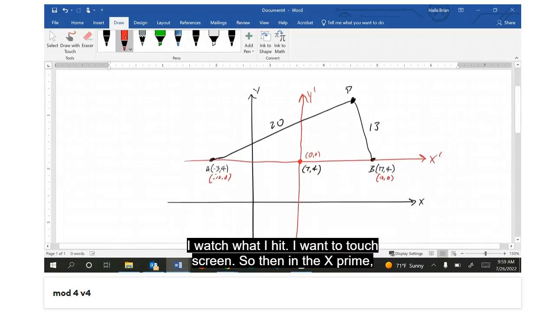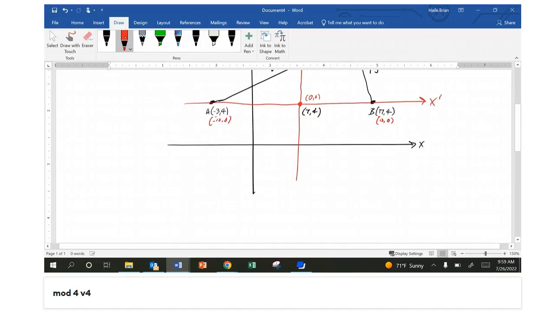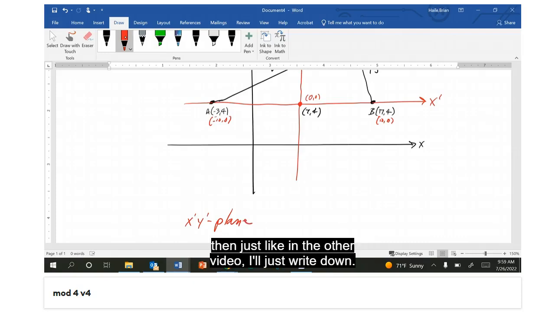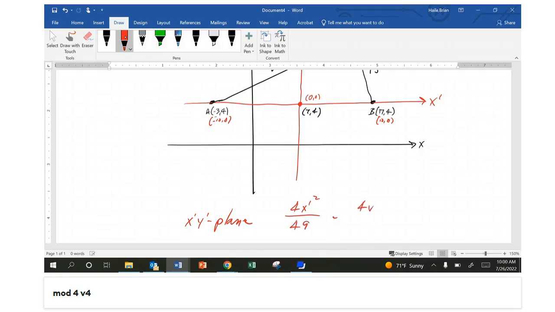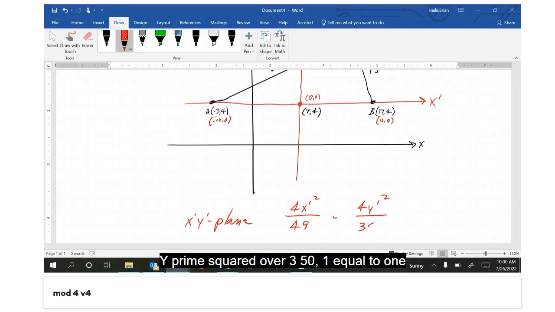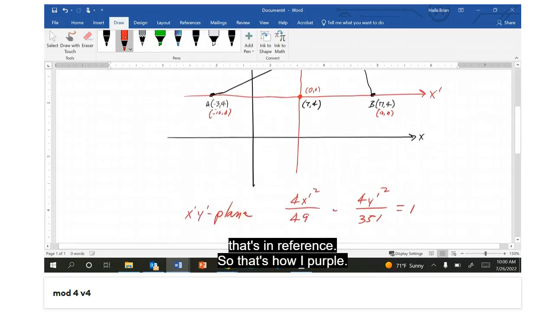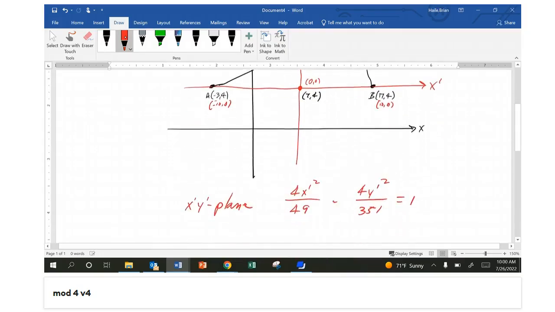Then in the X prime, Y prime plane, just like in the other video, I'll write it down: we get the hyperbola X prime squared over 49 minus 4 Y prime squared over 351 equal to 1. That's the hyperbola I get in reference to the X prime, Y prime plane.